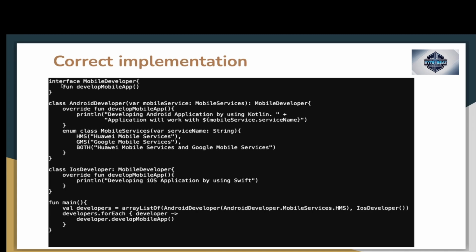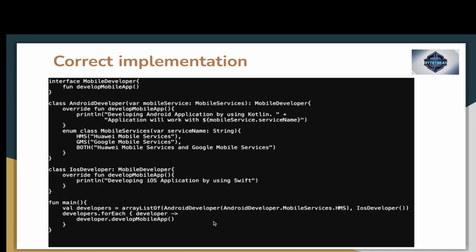Here we created one interface, the mobile developer, and it has a develop mobile app method. Now we have a class, Android developer, and another class, iOS developer. These are the two classes we have here, and each has its own methods.